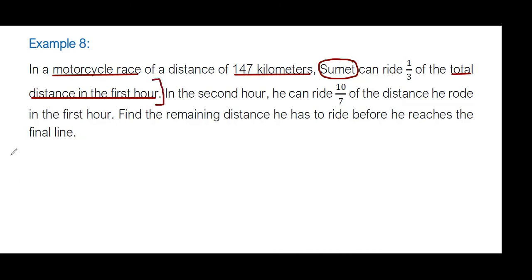So, in the first hour, Samet can ride 1 out of 3 of the total distance. What is the total distance, student?